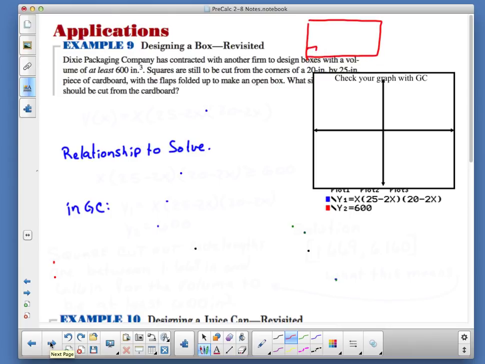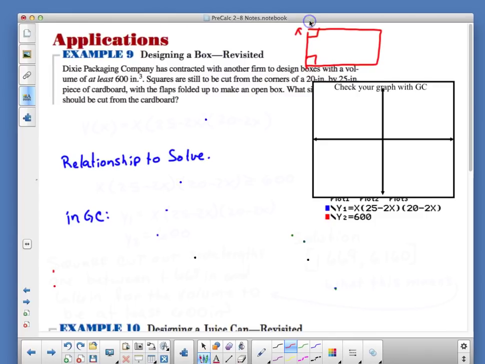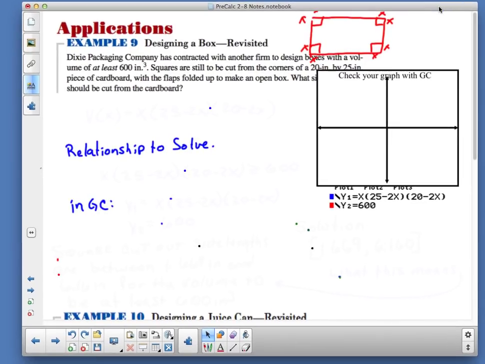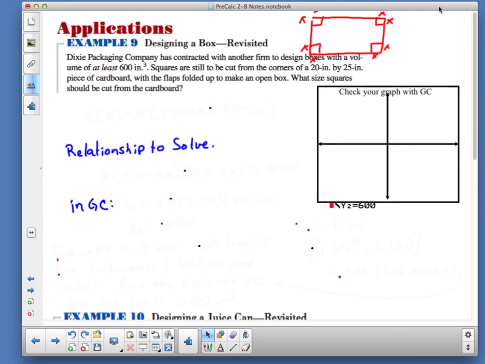We're supposed to cut out squares that are x by x, in order to deal with my box's requirements.